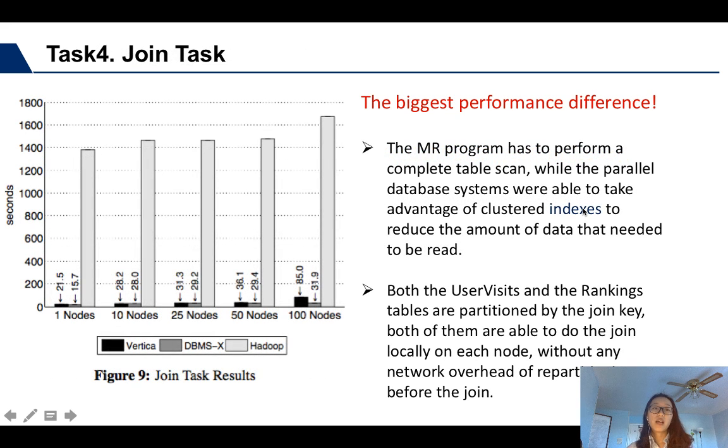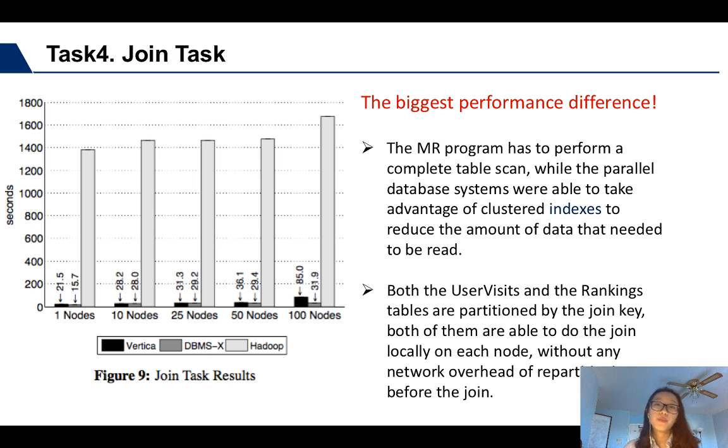Another task, which has the biggest performance difference, is the join task. We can see that Hadoop performs really badly in this task.